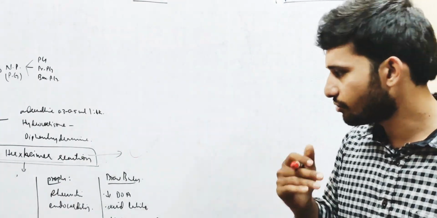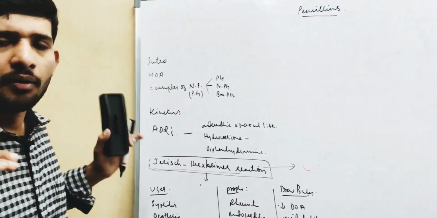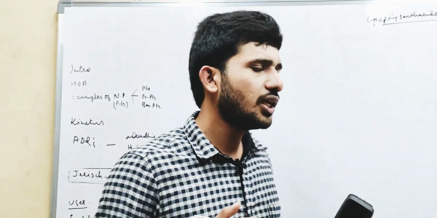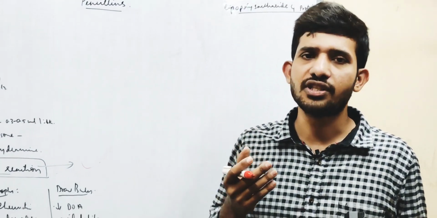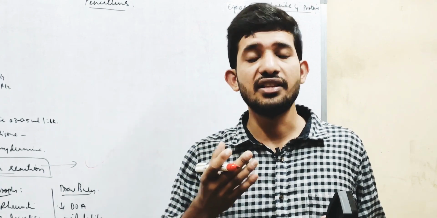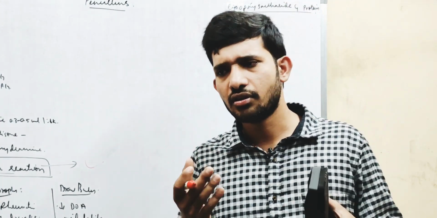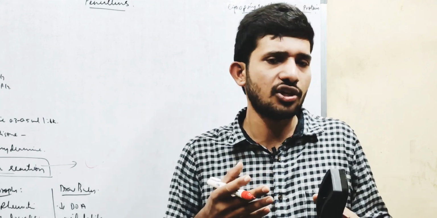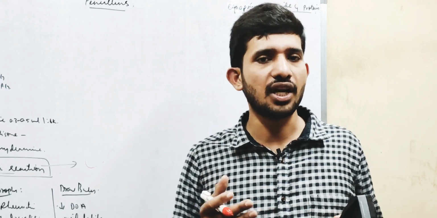Now let us see some uses. Penicillin G is very importantly used for upper and lower respiratory tract infections. In upper respiratory tract infections: sore throat, pharyngitis, otitis media, nasal infections, oral infections, and any dental procedure, even then we can prescribe penicillins.